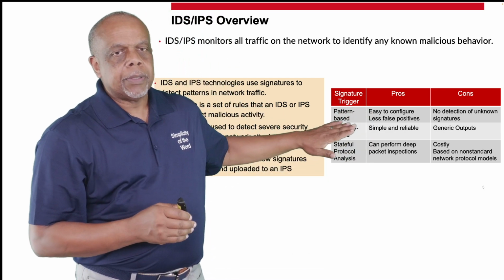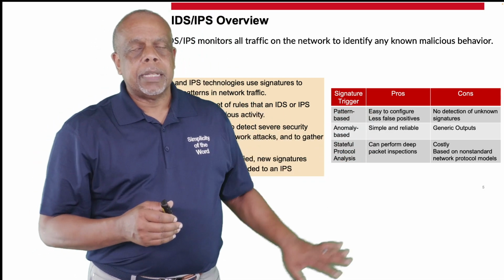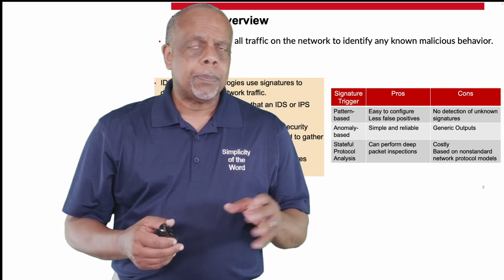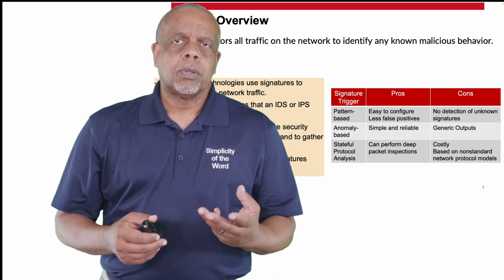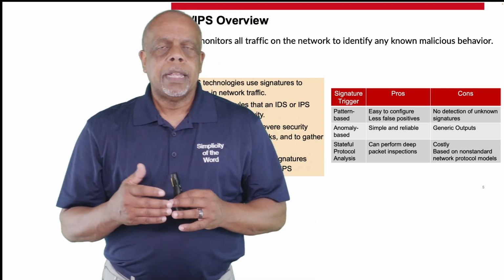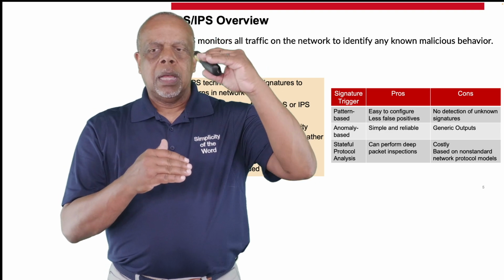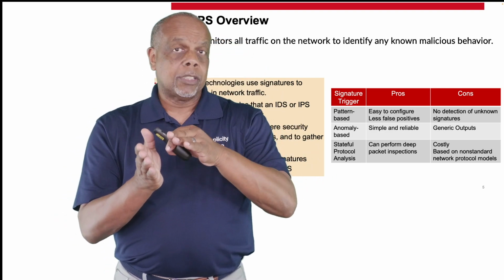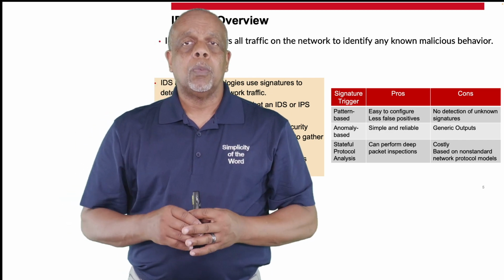So unlike the pattern type, the anomaly baseline does have the ability to detect 0-day attacks, not great, but it does, because it is looking at normal traffic and baselining that. Anything outside of the upper and lower limits of the norm it has established, it will trigger.